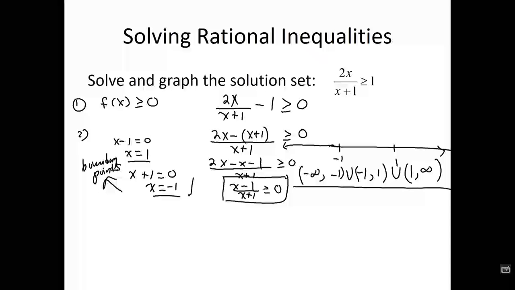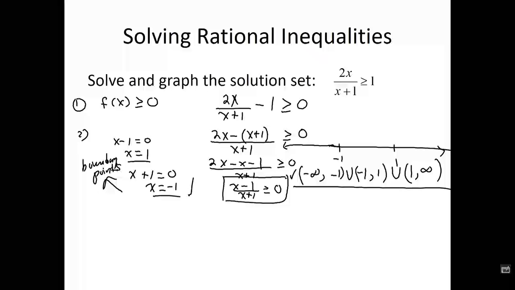In each interval, we need to choose a number to test and decide if f of x is greater than or equal to 0, or less than or equal to 0. In this particular case, we are interested in f of x being greater than or equal to 0. So we're going to test each.